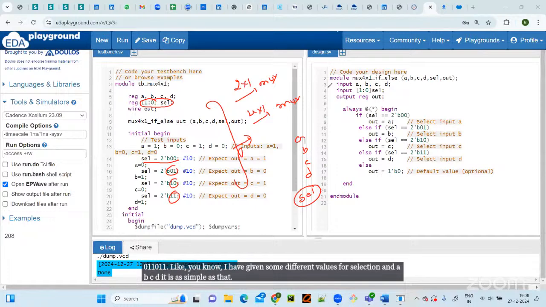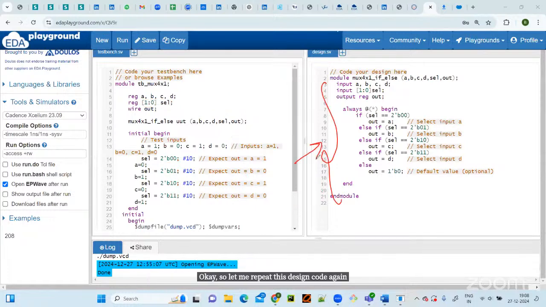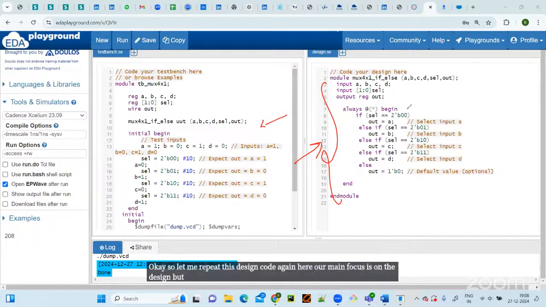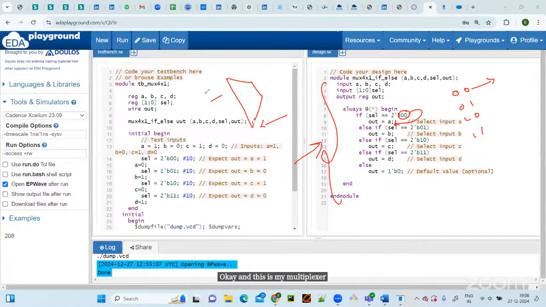Okay, so let me repeat this design code again. Here our main focus is on the design, but not on the test bench. So if my selection is 00, I want my output to be A. Okay, 00, 01, 10, 11. This is my multiplexer, which has A, B, C, D as its inputs, and this is my selection line.